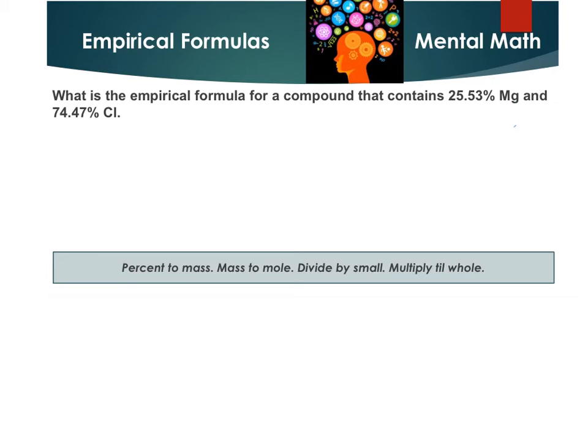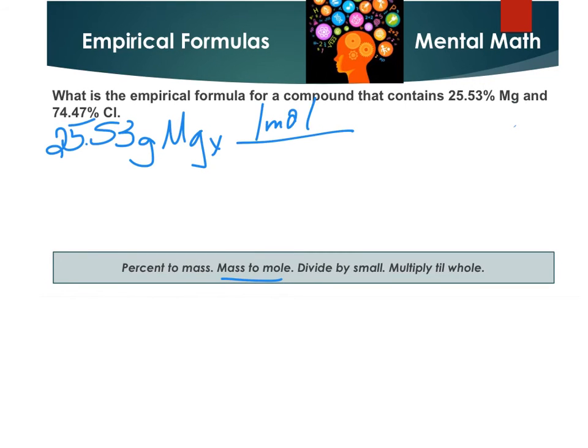Our first step says percent to mass. So we're going to pretend that our 25.53 percent is 25.53 grams of magnesium, and we're going to convert that mass to a mole. For every 1 mole of magnesium, it's like 24 and some change grams.